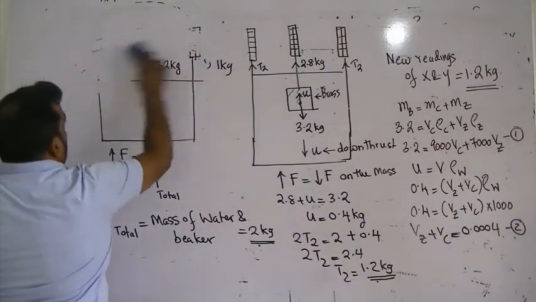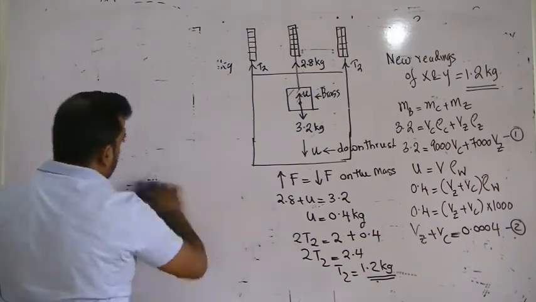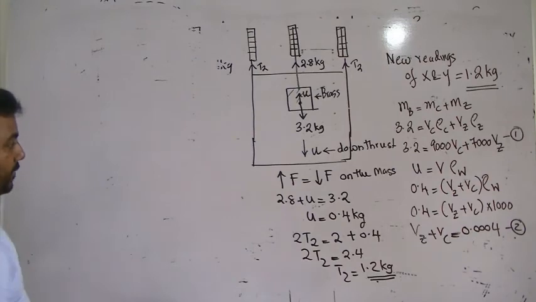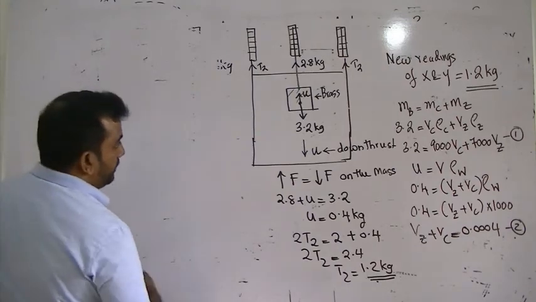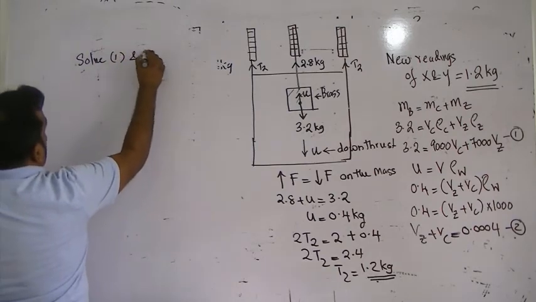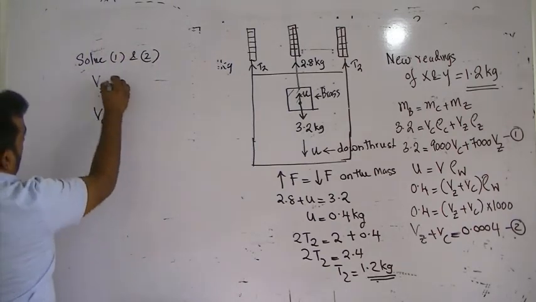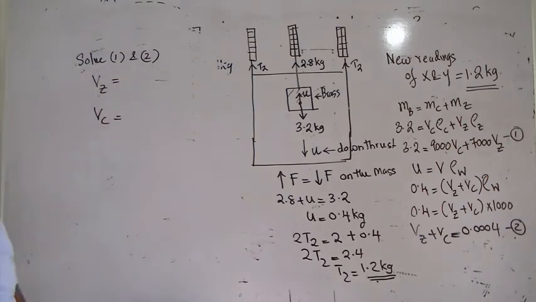Now, I guess this part we can solve very easily, simultaneously. If you solve 1 and 2, we can find the volume of zinc and the volume of copper.